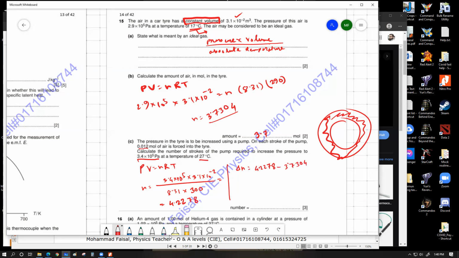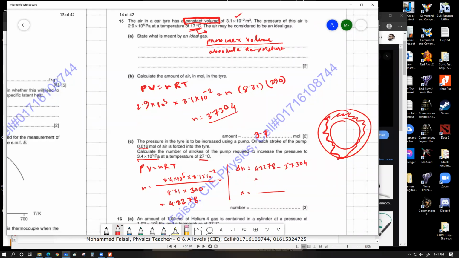3.7304. This gives you a number, and then the number of strokes, let's say this is X, would be equal to 4.2278 minus 3.7304.